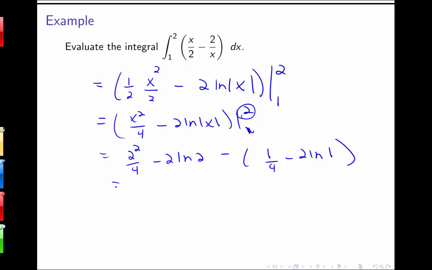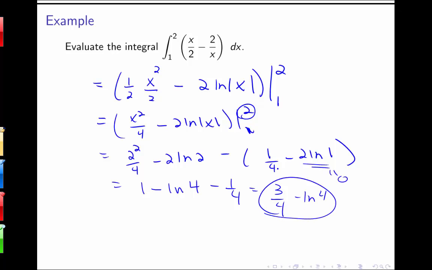Okay, so we've got, let's see, 2 squared over 4, 4 over 4, that's going to be 1. Minus, now I can leave that as 2 ln 2, or I could choose to write that as the natural log of 4 by writing it as ln of 2 squared. Let's see, minus 1/4, and I know the natural log of 1 is 0. So this gives me 3/4 minus the natural log of 4 is the value of that definite integral.